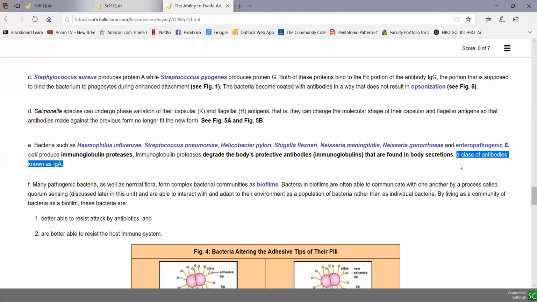So they produce an immunoglobulin protease that actually breaks down immunoglobulin A. So these initial protective antibodies in the mucus aren't working against the bacteria. Now, eventually we can produce antibodies like IgG against them and still get rid of them, but this provides the organism an advantage if they can break down the protective antibodies in the area where they're initially growing.